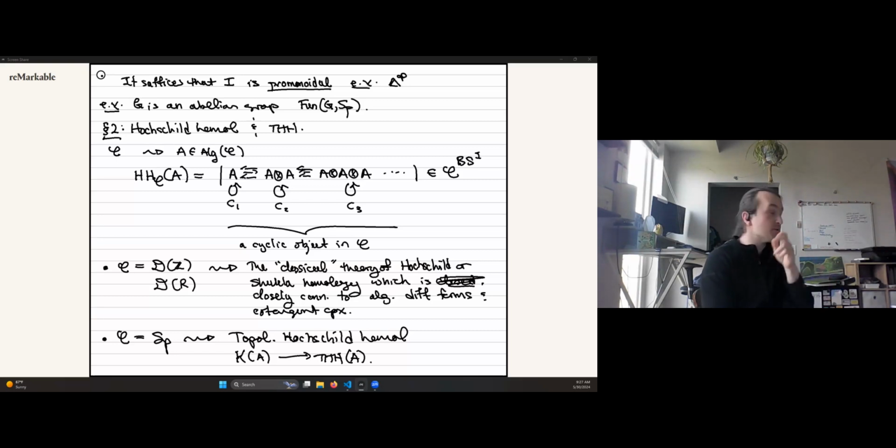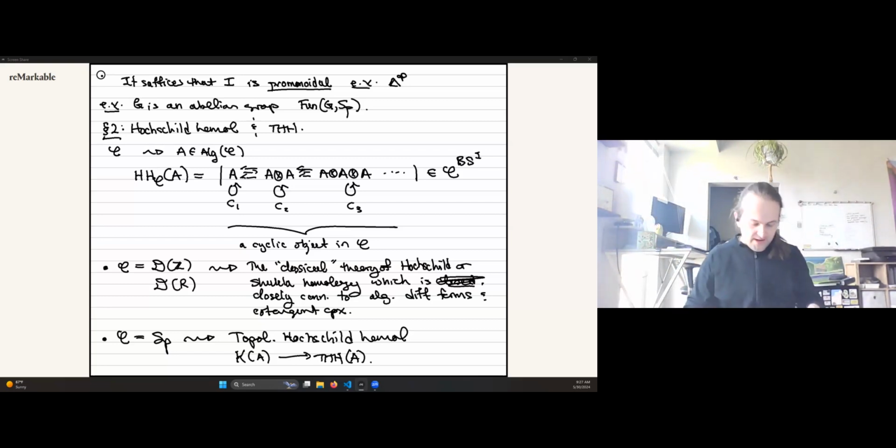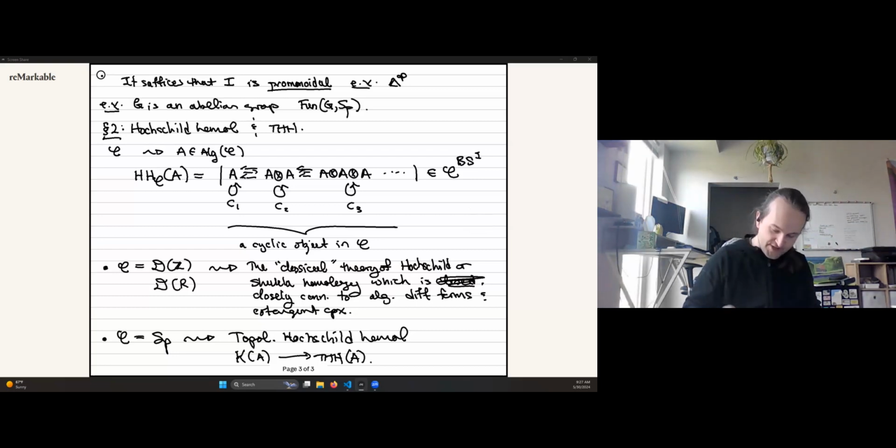I think this goes back to his work in the 80s, and this was revisited by Rognes in a published form. And so I would be remiss if I didn't tell you a little bit more about this THH stuff.